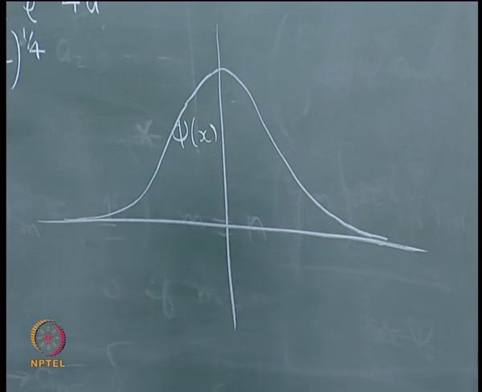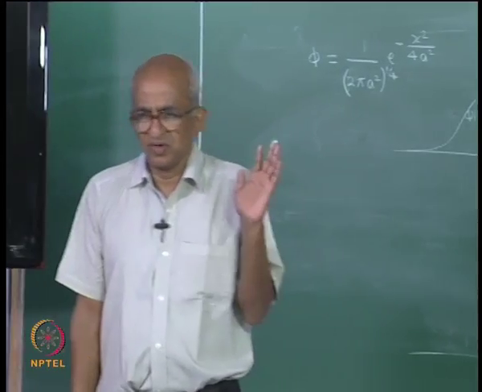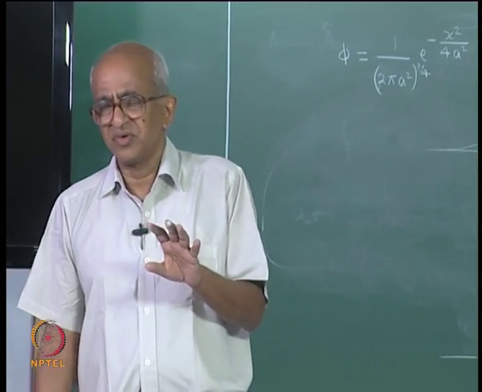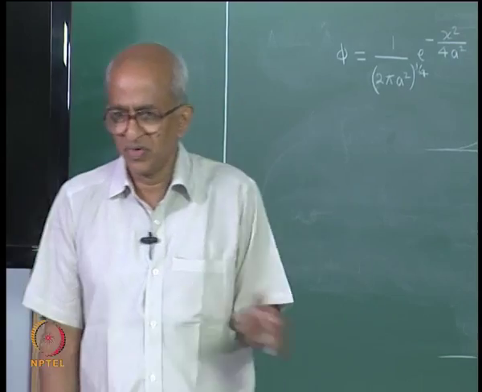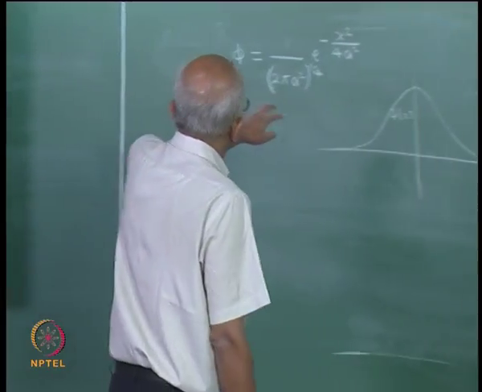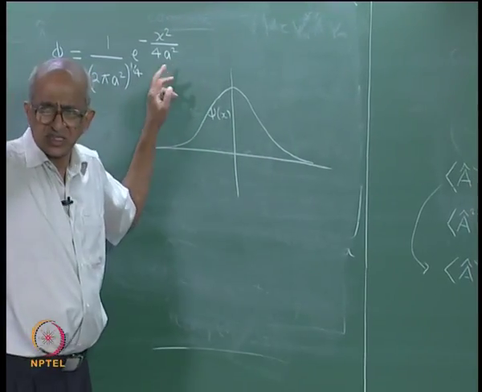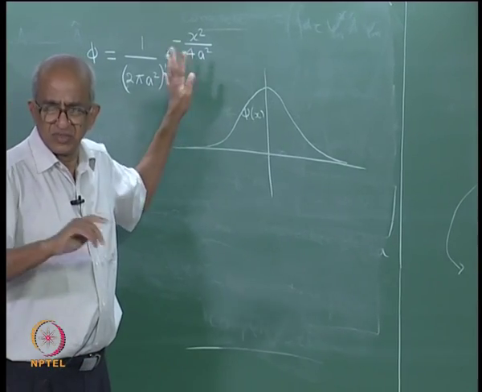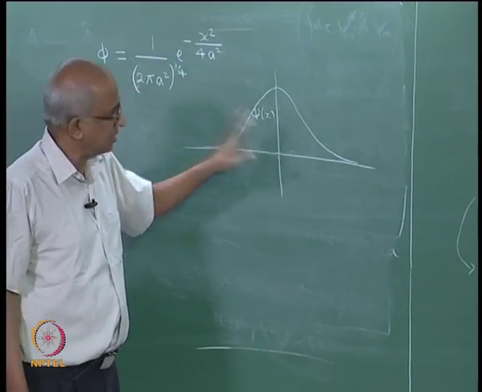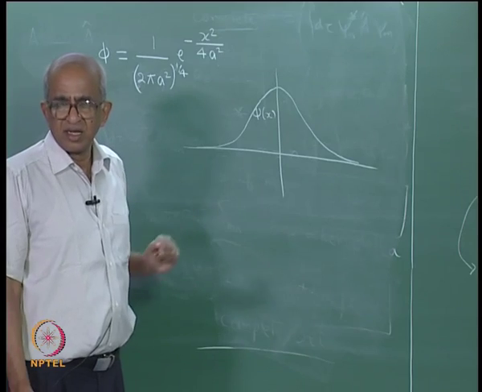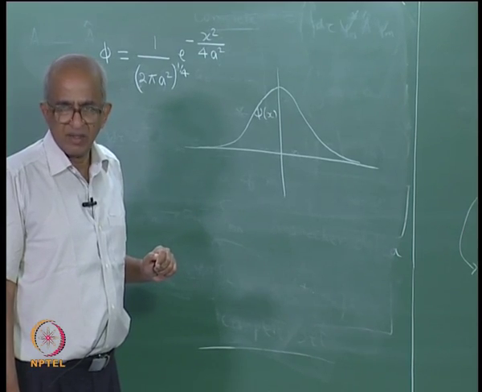In fact, this wave function is just the wave function for the harmonic oscillator. If you had chosen a to be equal to some constant, I do not remember what that constant is, but if you choose a to be that particular constant, then this is just the eigenfunction for the harmonic oscillator.